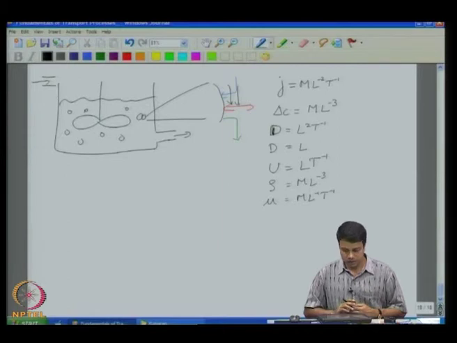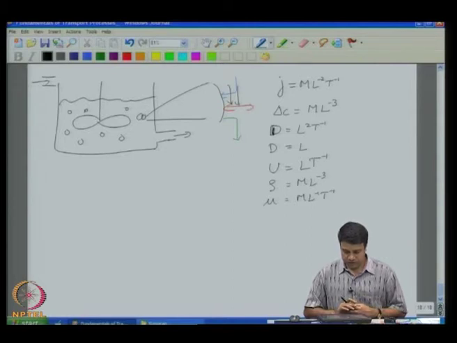Now, there are 1, 2, 3, 4, 5, 6, 7 dimensional groups, and how many dimensions do they contain? They contain 3 dimensions, and therefore, there should be 4 dimensionless groups.